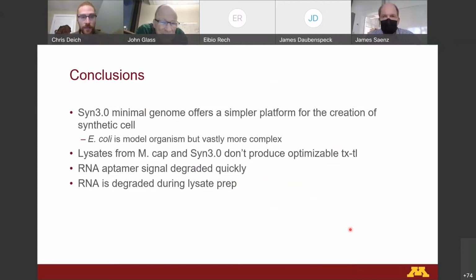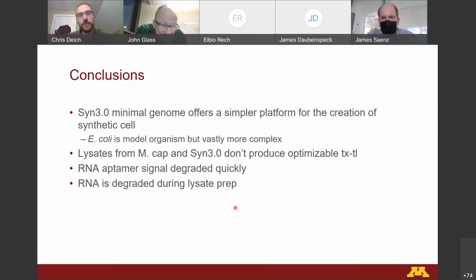The lysates from MCAP and SYN3.0 didn't produce optimizable TXTL. We saw RNA aptamer signal degraded quite quickly, and then ribosomal RNA subunits were being degraded immediately after decompartmentalization of the cells during lysate prep.